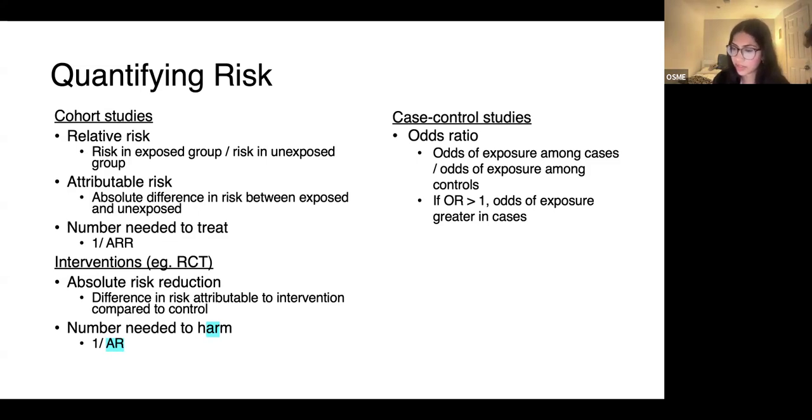So it's looking at alcohol use in pancreatitis, and it's given you a quadrant: alcohol plus pancreatitis, alcohol plus no pancreatitis, no alcohol pancreatitis, no alcohol no pancreatitis.